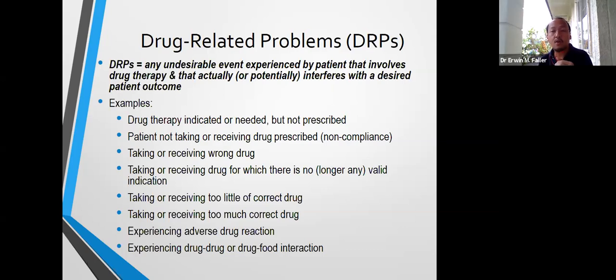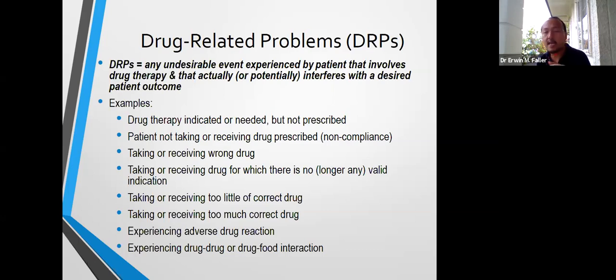We have taking or receiving too much of a correct drug, that may be overdose; or experiencing adverse drug reaction and experiencing drug-drug or drug-food interaction, and more.